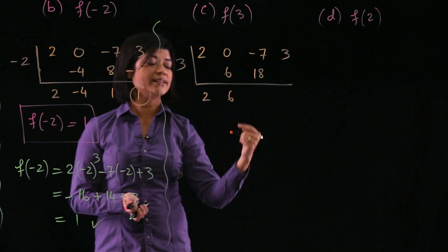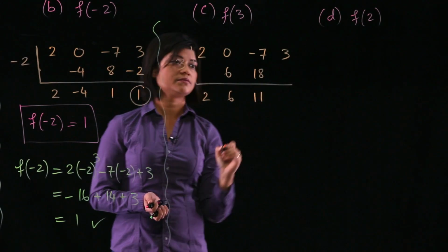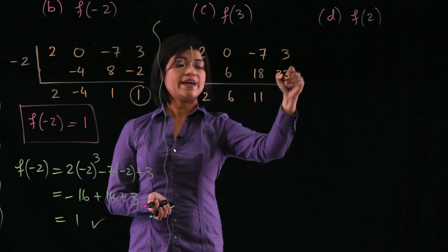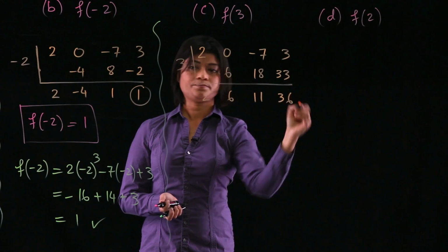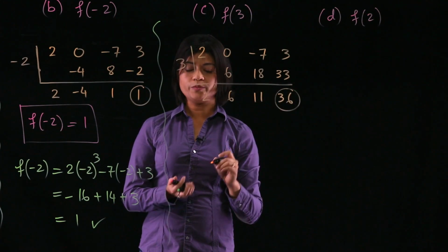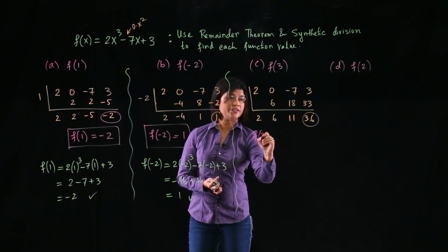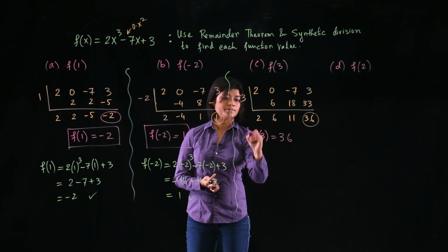Add 18 minus 7, so that's 11. 11 times 3 is 33. Add 33 and 3, so that's 36. So this will be our answer. f of 3 is 36 using remainder theorem.